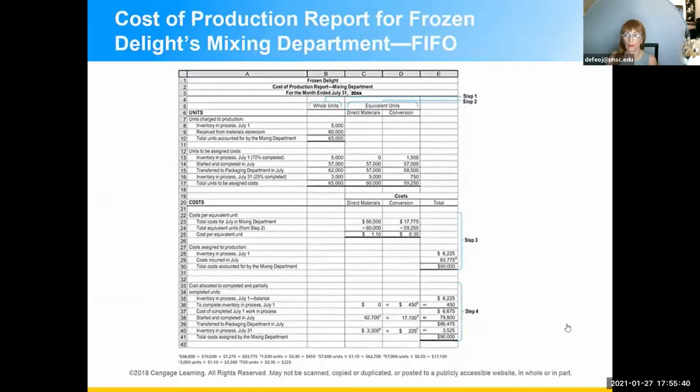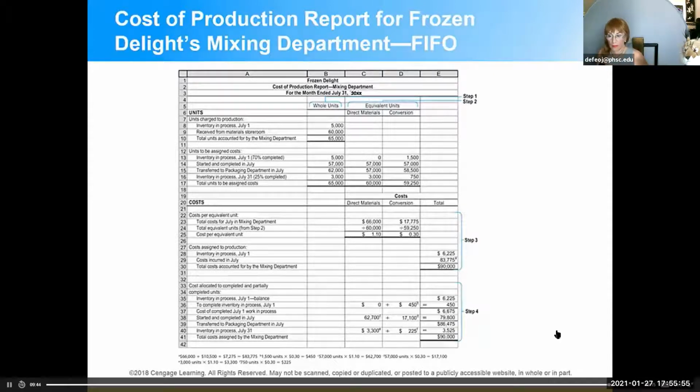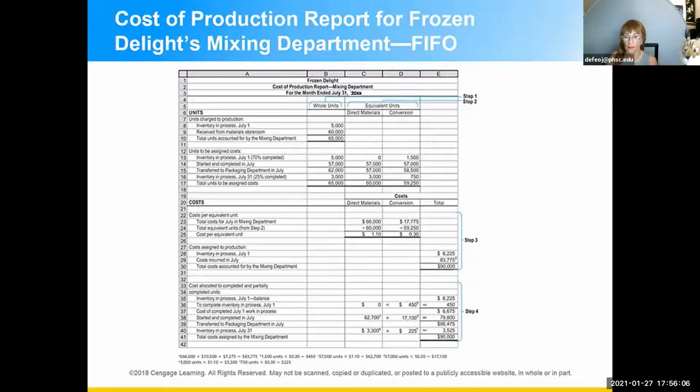It shows that the department was accountable for 65,000 whole units. Of these units, 62,000 were completed and transferred out to the packaging department. The remaining 3,000 units were partially completed and part of the ending work in process on July 31st. It also shows that the mixing department was responsible for $90,000 of production costs during July.